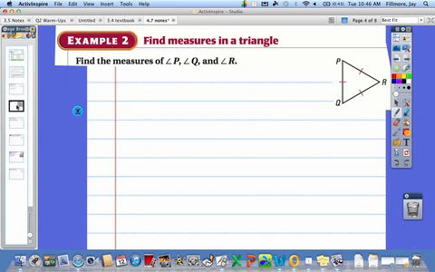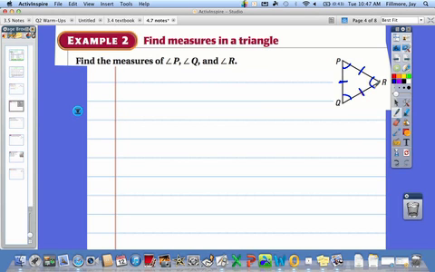Let's apply it to an equilateral triangle, because an equilateral triangle is a special type of isosceles triangle. An isosceles triangle is any triangle with at least 2 congruent sides. Well, if it's equilateral, it does have at least 2 congruent sides. It has 3. So in this case, if these 3 sides are congruent, then all of the angles across from them are congruent as well. And we know that all 3 angles should add to give us 180.